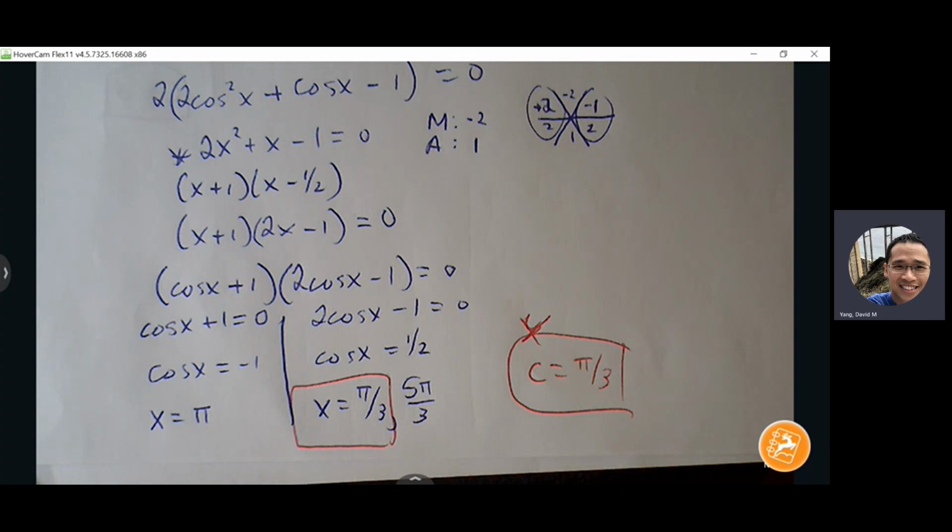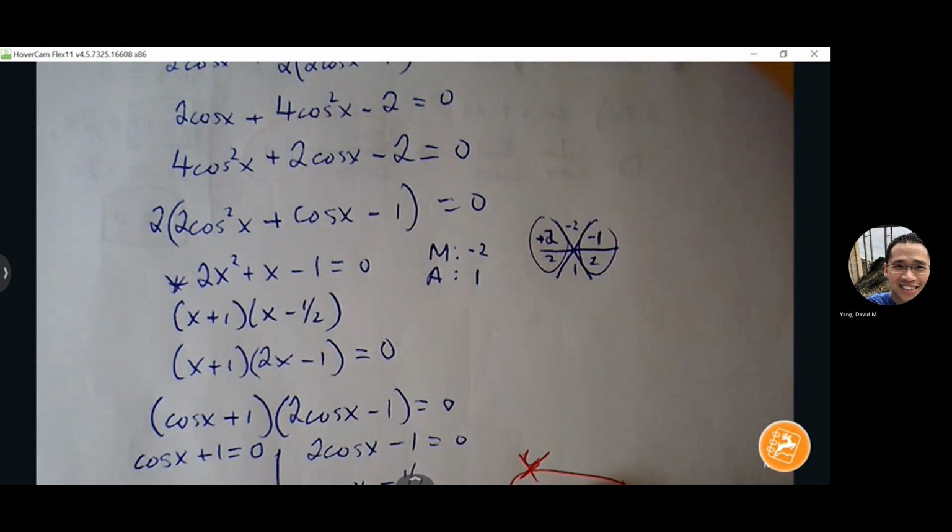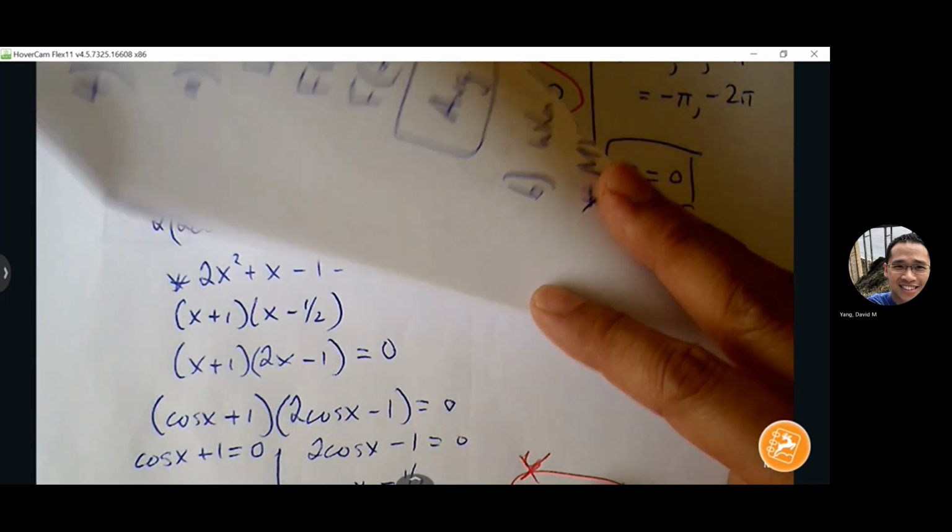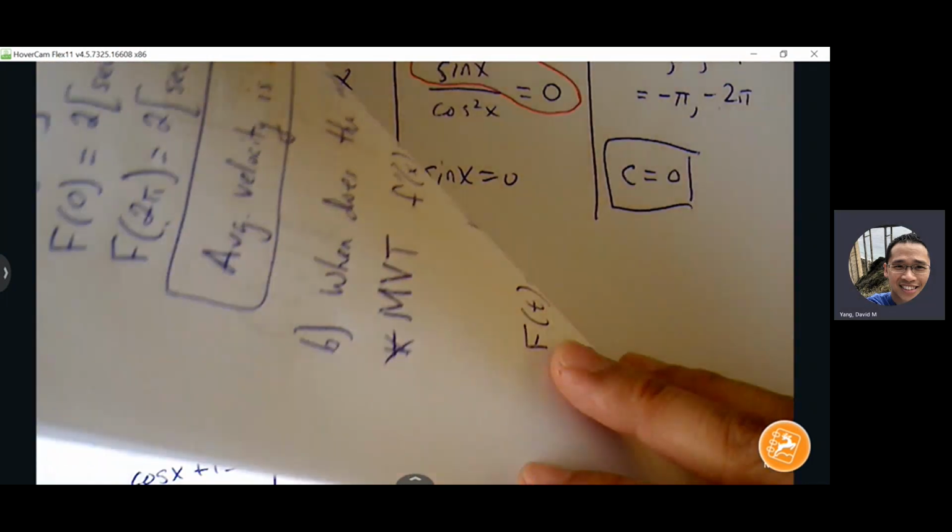Okay, let's do a full trig problem. Particle motion on the back. Or particle motion and mean value theorem, it kind of merges together here. More mean value theorem though. So number 4.